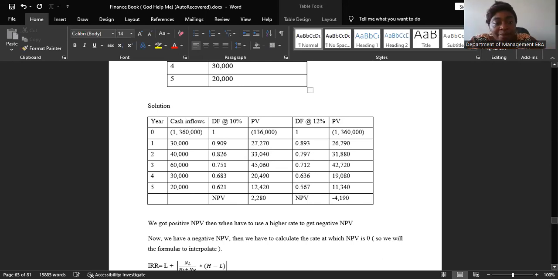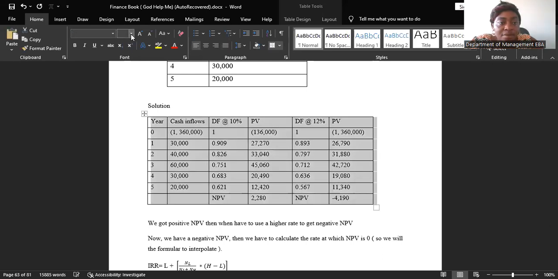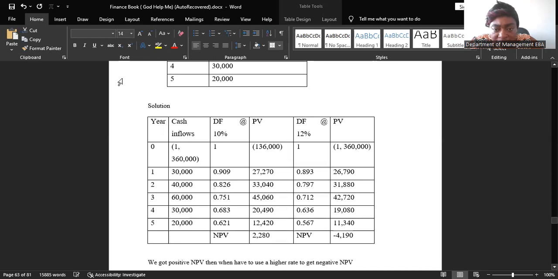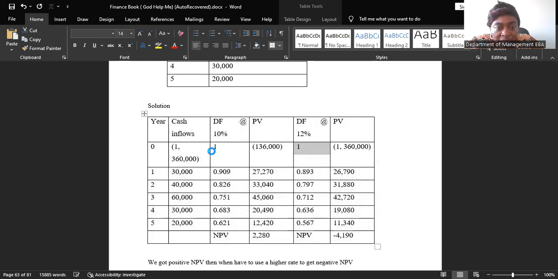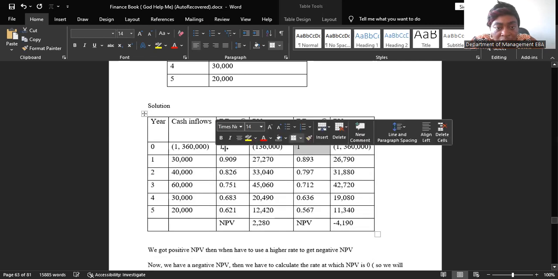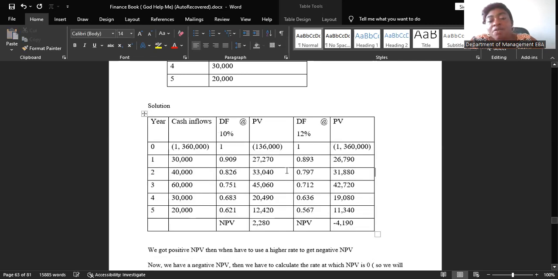Okay, so for my solution here, you can see that is the fair calculation.